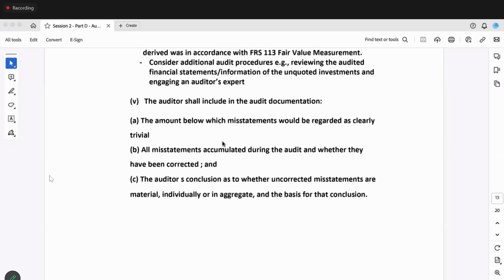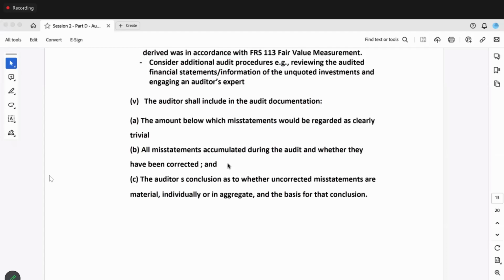when we do our risk of material misstatement, all right, the amount below which misstatement would be regarded clearly as trivial. It means that this is not acceptable. All misstatements accumulated during the audit and whether they have been corrected or not. So generally, if there is a misstatement that has been identified, if the audit client has adjusted it, has corrected it, then that is no longer a problem.